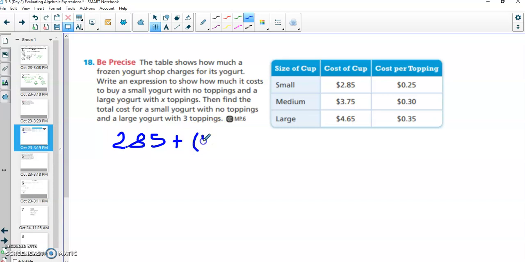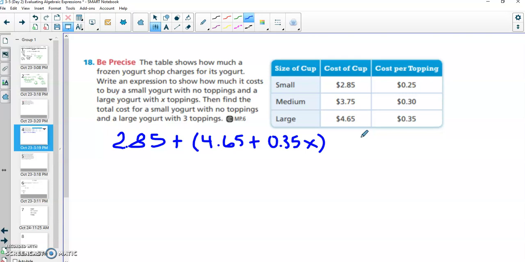Plus, we have to add to the price the cost of the large in itself, and then 35 cents per how many toppings we have. Now, it doesn't tell us how many toppings, it just says with X toppings. So 35X. X stands for the toppings. So this should be the expression that you have.